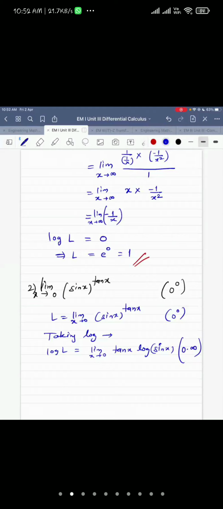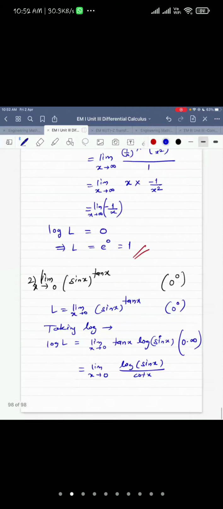So, this is coming in the form 0 into infinity. So now I have to solve it, and so I'll do it as log of sin x as it is. Tan x, when comes in the denominator, it becomes cot x, right? All derivative formulae are very, very essential to get the correct answers of this.